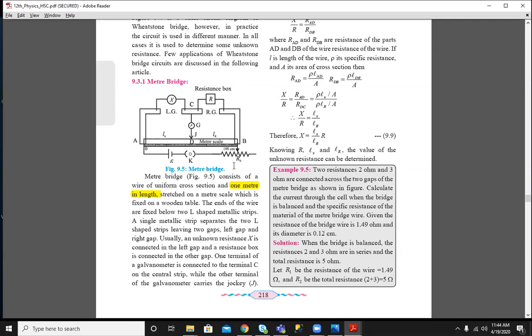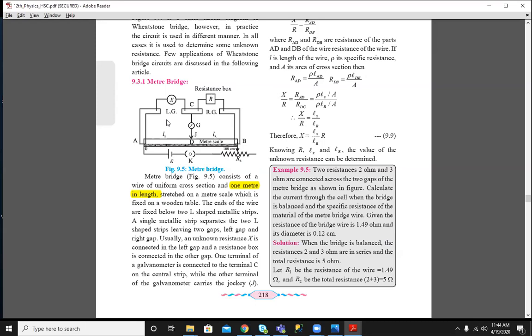and a rheostat, which is a variable resistance to control the current in a circuit. Why is a rheostat used mostly in practical circuits? Because we don't have a cell for every requirement. For example, if this whole circuit requires a voltage of 50 volt, but some other electrical circuits require a voltage of 100 volt or 15 volt, then every time we are not going to buy a new battery or cell.